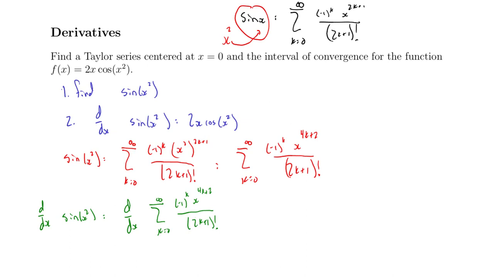This is an infinite degree polynomial, essentially, where the first term is negative 1 to the 0, x to the 2 power, divided by 1 factorial. And the second term is negative 1 to the first, x to the 6th power over 3 factorial. And then we have positive x to the etc., etc., etc. We can differentiate each of those terms, though.